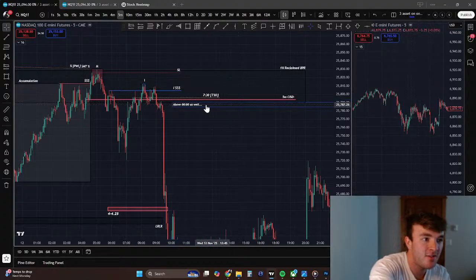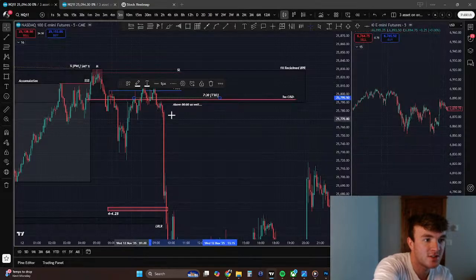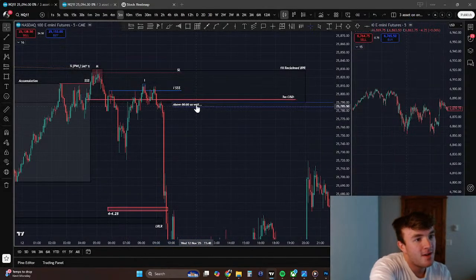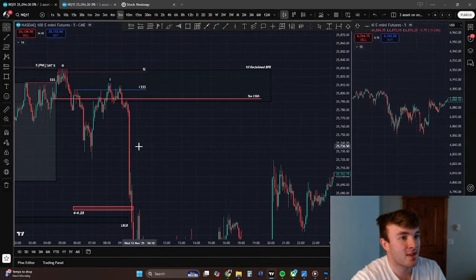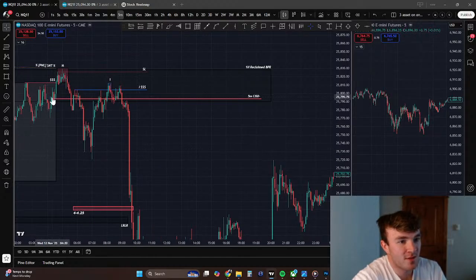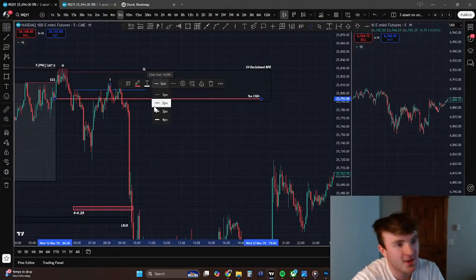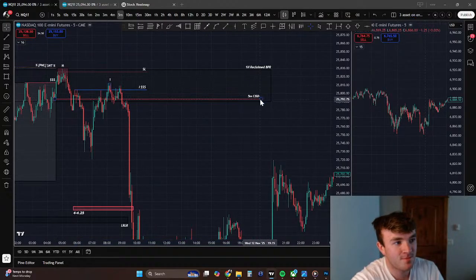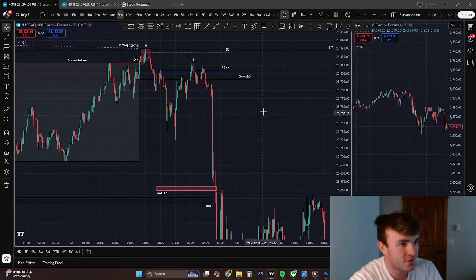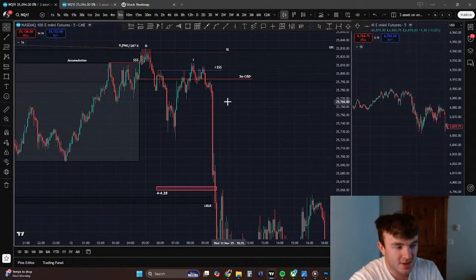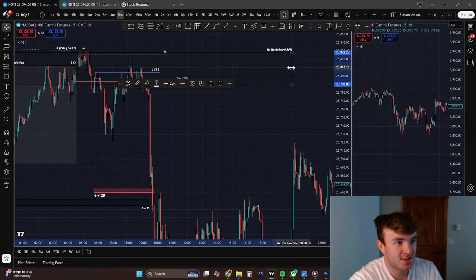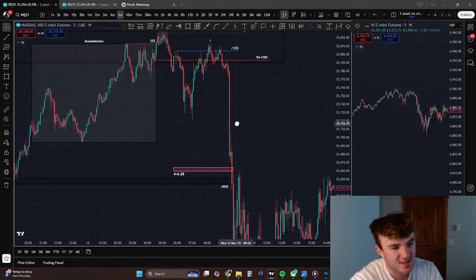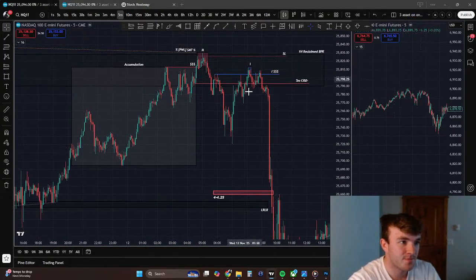I love using true opens, but sometimes putting them on the chart makes things a little cluttered. So I'm maybe considering just taking mental notes of true opens. Like, I know we're above all the true opens, so I know this is higher probability. I don't need to have it on my chart because it just makes things more cluttered. Does that make sense? That's something I need to work on.